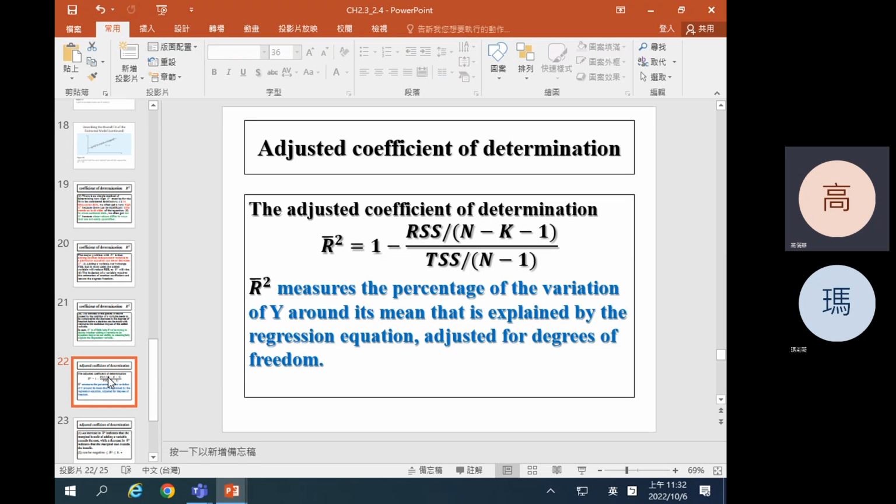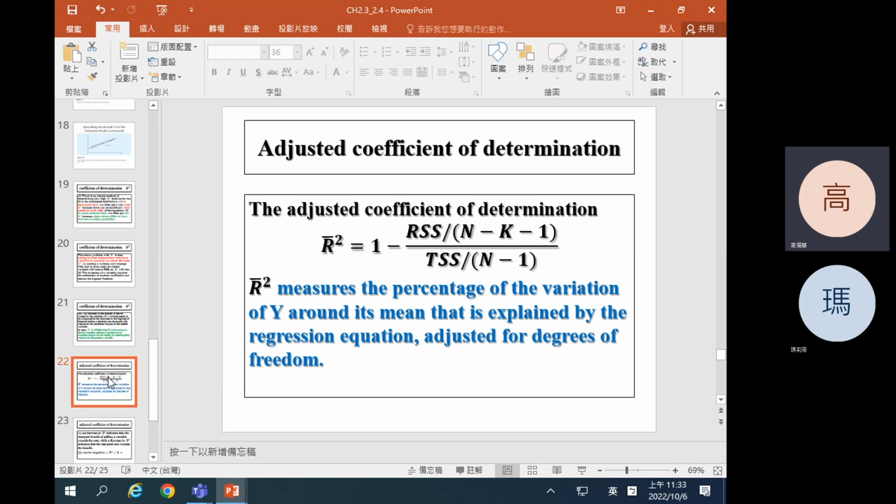You see the point? So that's the adjusted R squared form. This is what we say: adjusted R squared measures the percentage of the variation of y around its mean that's explained by the regression equation, adjusted for degrees of freedom.